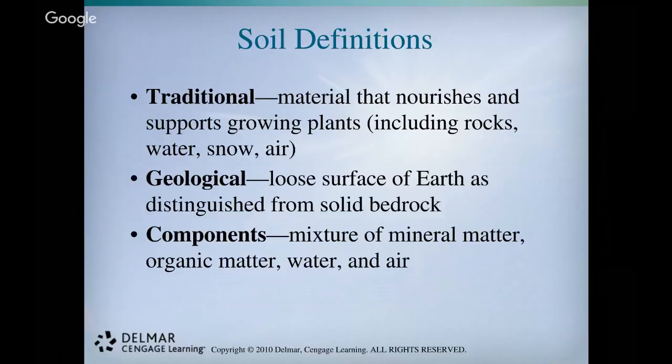Soil includes everything: rocks, water, snow, everything that goes into the soil, the organisms. Geologically, it's the loose surface of Earth as distinguished from solid bedrock. And then another definition would be a mixture of mineral matter, organic matter, water and air. So 3 definitions that a soil scientist could look at.